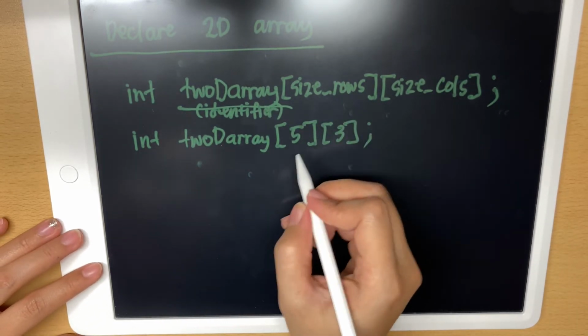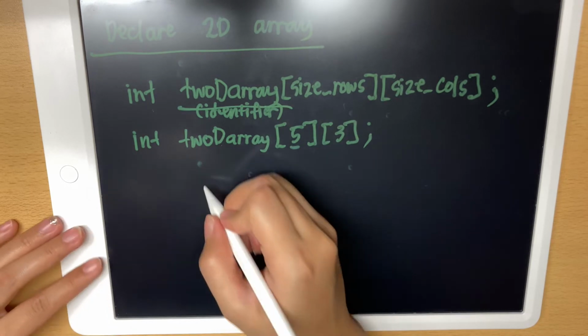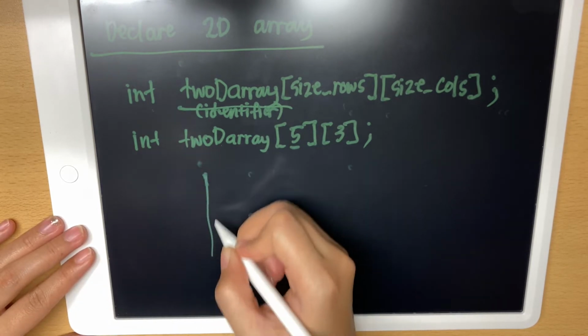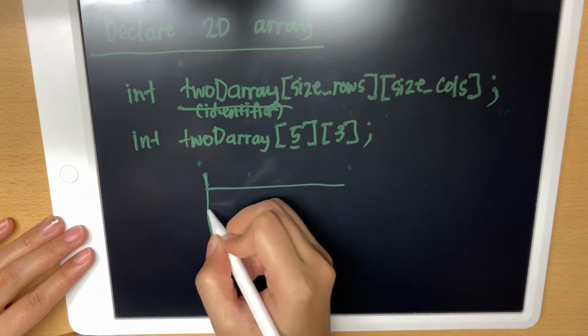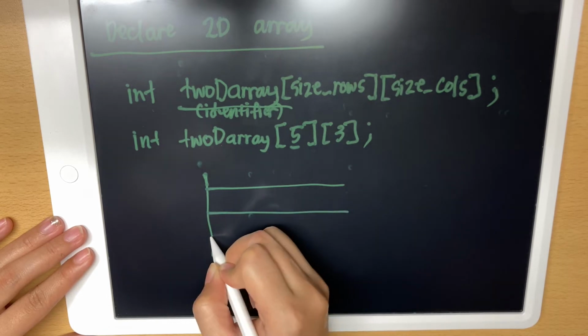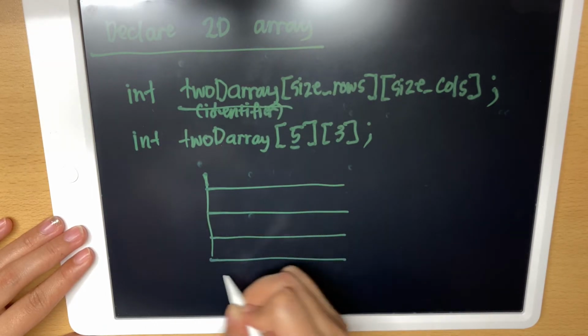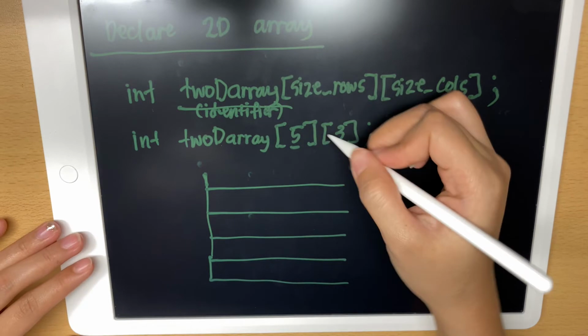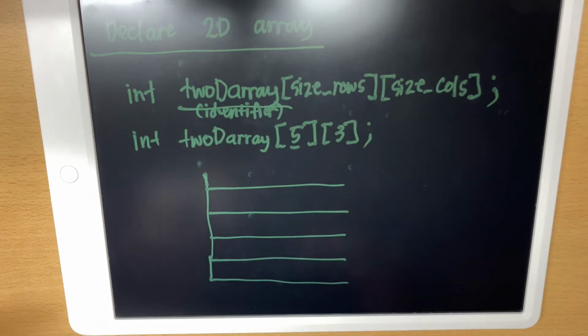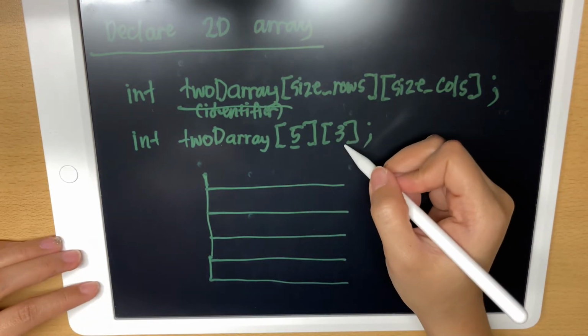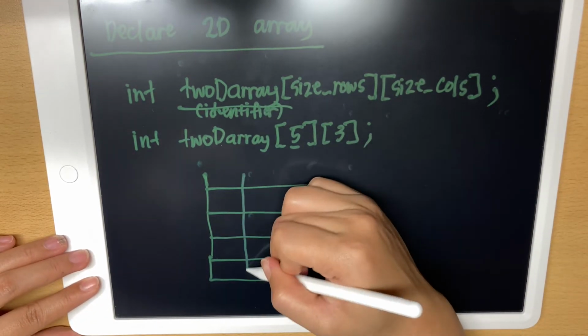This would be equivalent wherein we have 5 rows. So that would be 1, 2, 3, 4, 5, or it can also be 5 times a 1-dimension, and that 1 dimension has 3 columns.